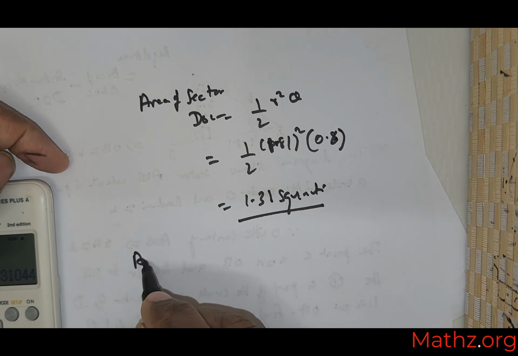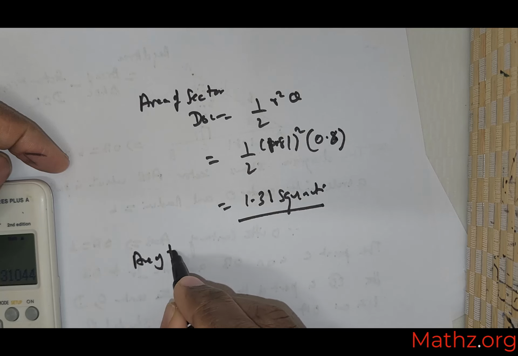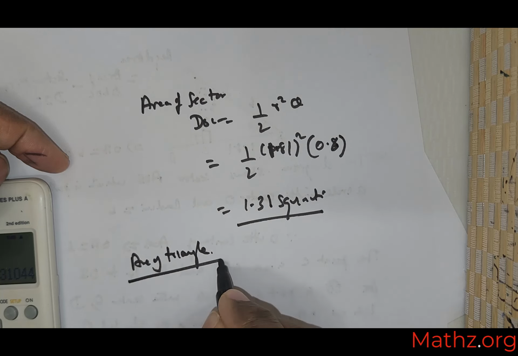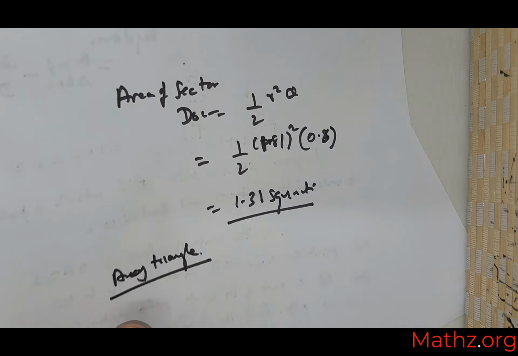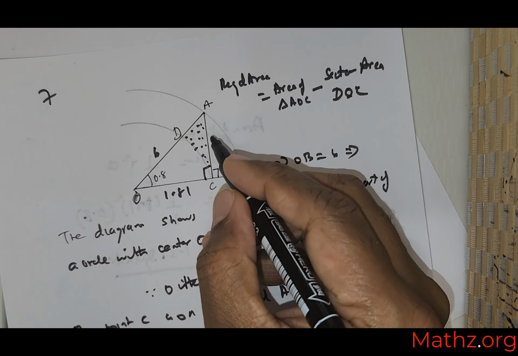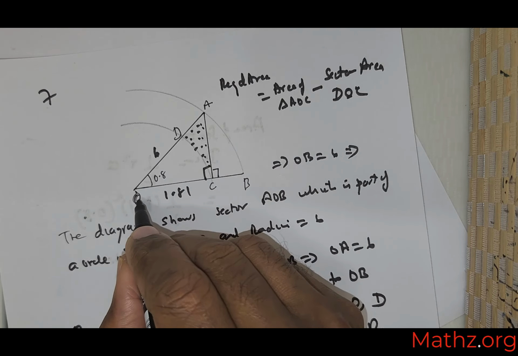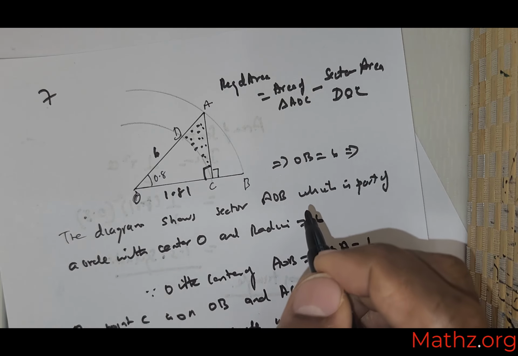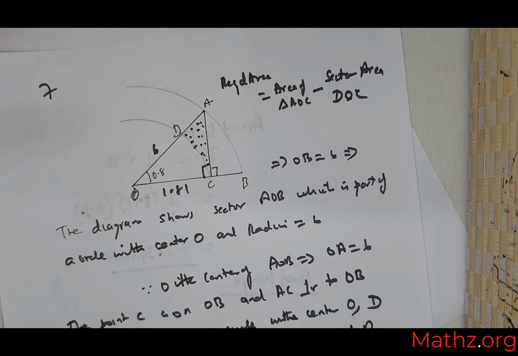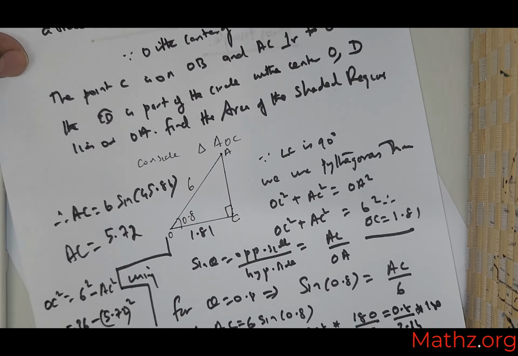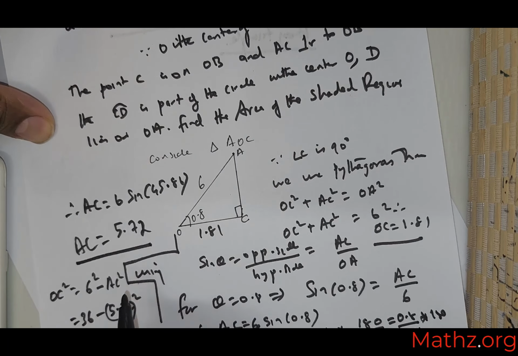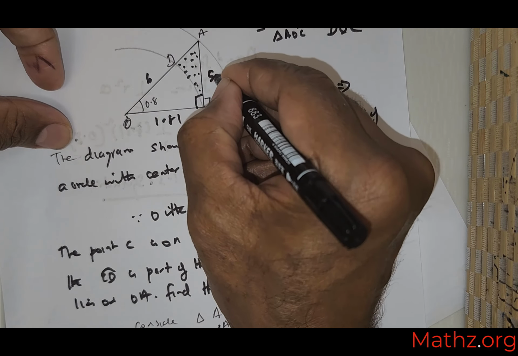Now I need to get the area of the triangle, right? So let me go back to the area of the triangle. This is a right angle triangle. So half times base times height. Now we have got AC as 5.72.